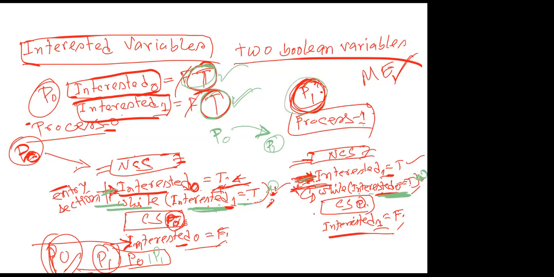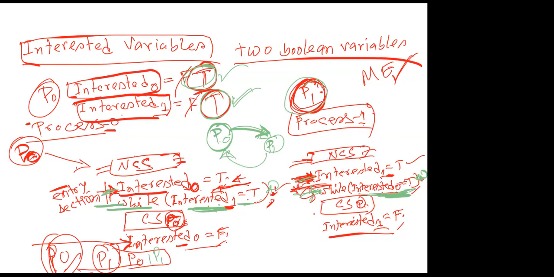It is fine, and P0 says process P1 can complete its critical section. Then process P1 is scheduled, trying to complete its critical section. It checks this while loop: interested[0] is true, meaning process P0 is interested in entering the critical section. So it gives the turn back to process P0, saying you are interested, so you can go first, you can enter the critical section.